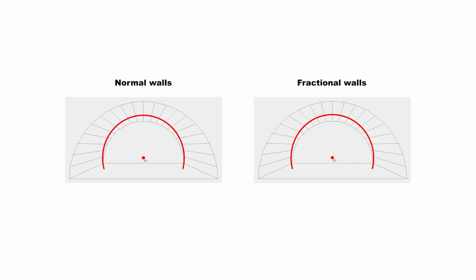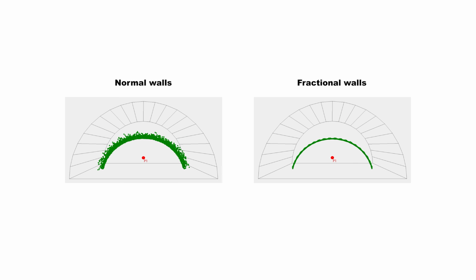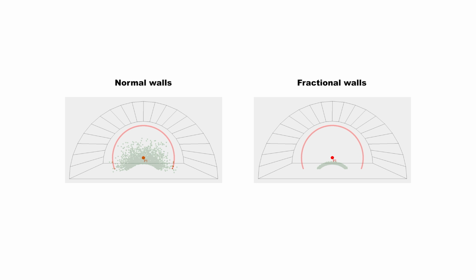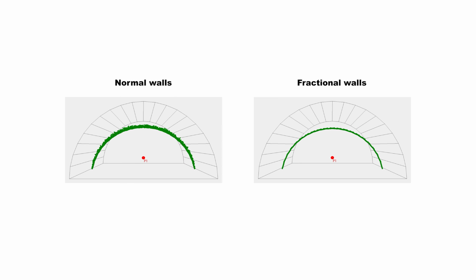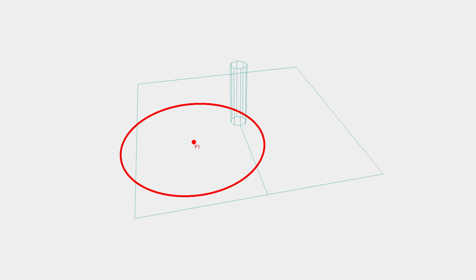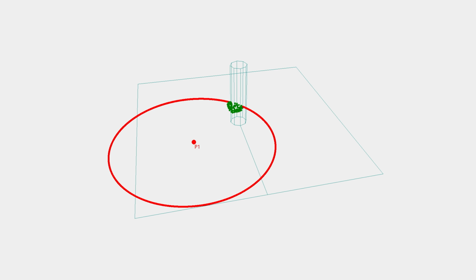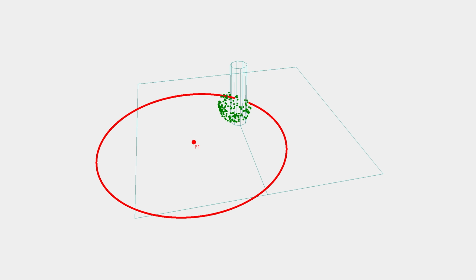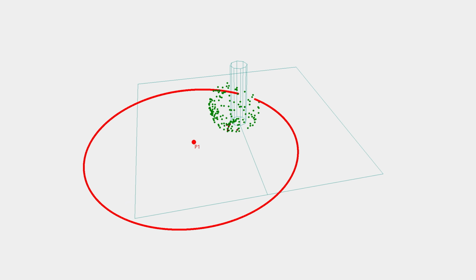Here, the fractional setting gives a more realistic result. This is particularly important for concave surfaces. Convex surfaces like columns are expected to diffuse sound, so it's fine to leave those as normal surfaces.